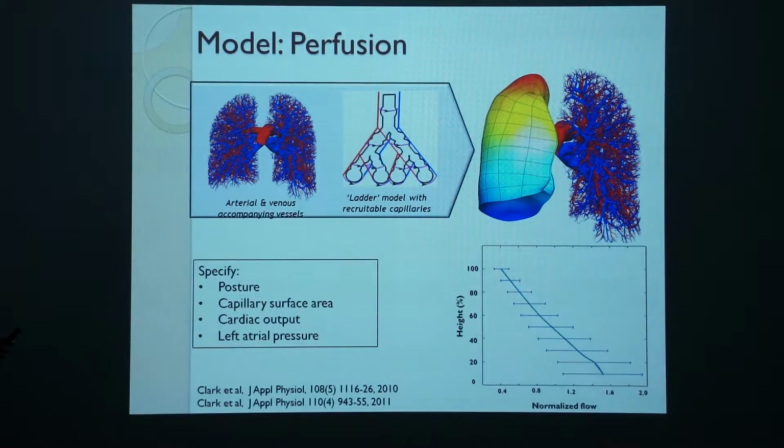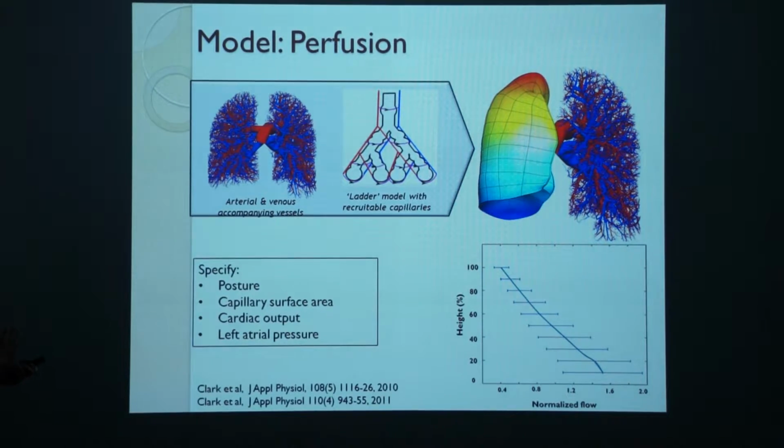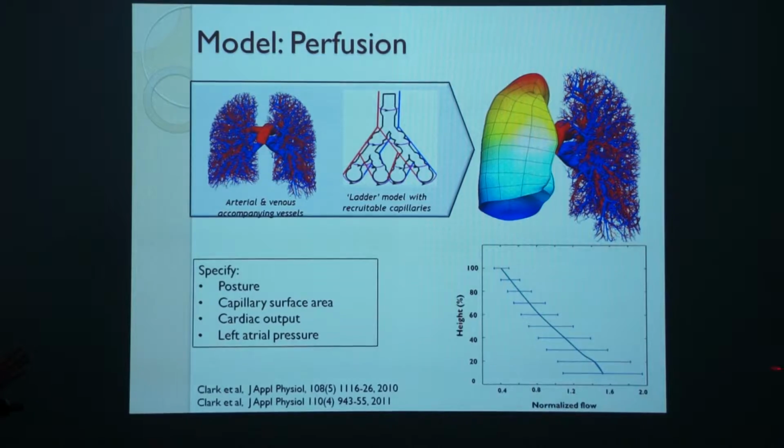And you can see there's a lot of variability, not just between individuals, but even within the lung itself. So here is a plot if you're supine, so lying on your back. This is against the gravitational height of your lung as you lie on your back, and this is the amount of flow that you get.